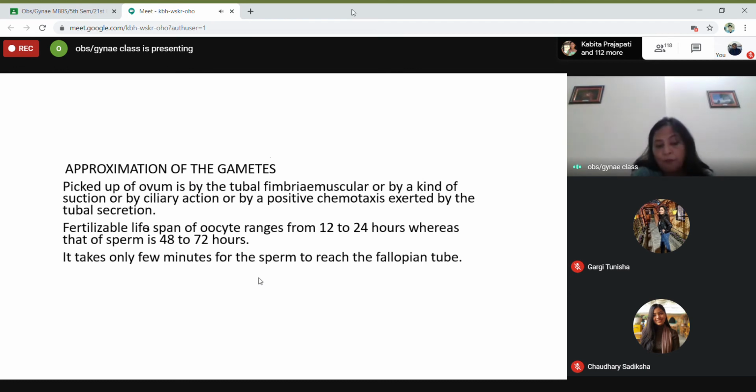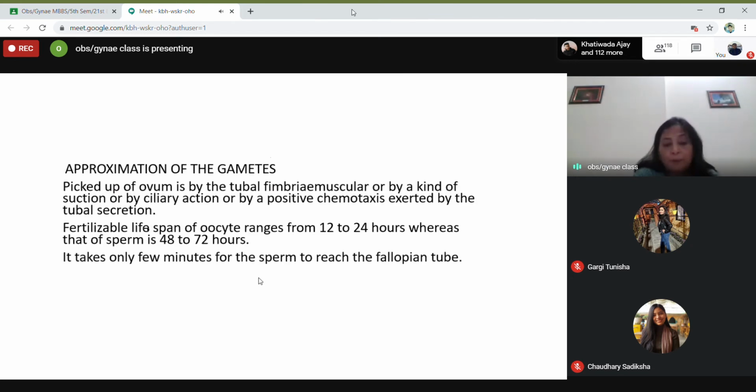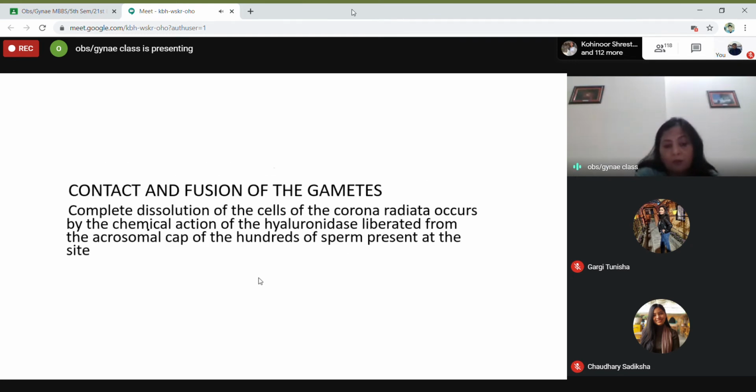By these four processes the ovum is picked up. The fertilizable lifespan of the oocyte ranges from 12 to 24 hours after ovulation, whereas that of sperm is 48 to 72 hours. It takes only a few minutes for sperm to reach the fallopian tube. So this is approximation of the gametes.